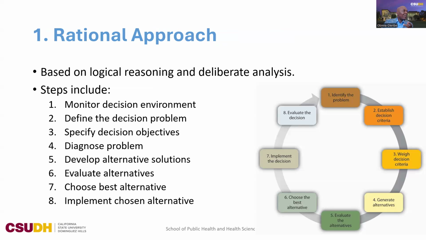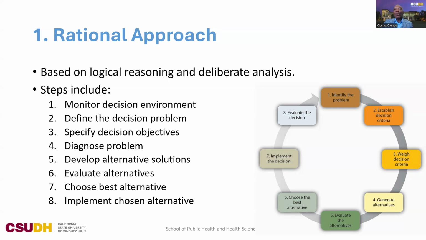So I mentioned this earlier on. The rational approach, you're looking at how to make decisions in a logical manner based on deliberate analysis. You monitor your decision environment, you define the decision problems, you specify your objectives, you make a diagnosis of the problem, you develop alternative solutions, you evaluate your alternatives, you choose the best alternative, and then you implement your chosen alternative.